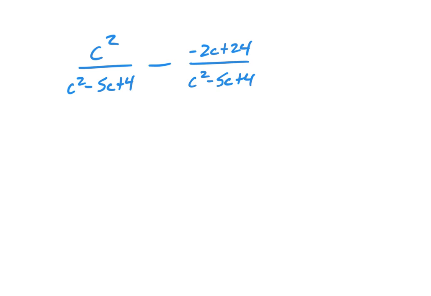My denominator is the same, so when I rewrite this one, because the denominator is the same, we don't have to do anything to it. So we know the denominator is going to stay at c squared minus 5c plus 4.